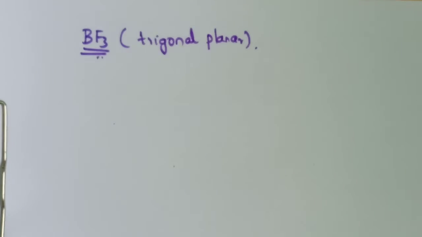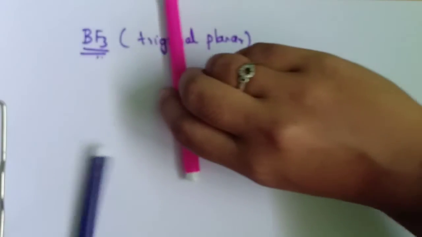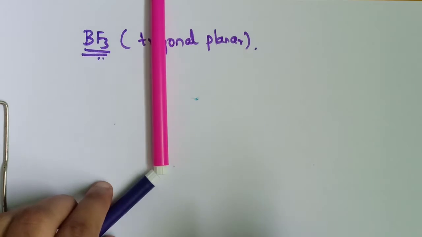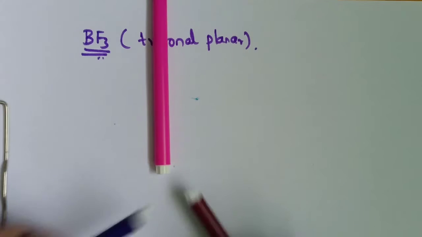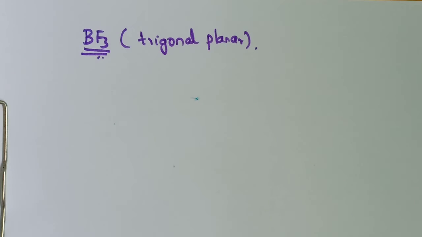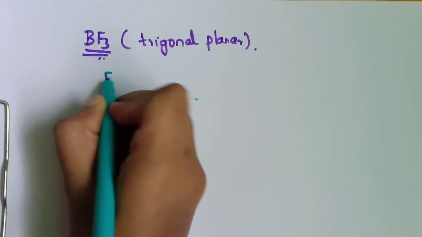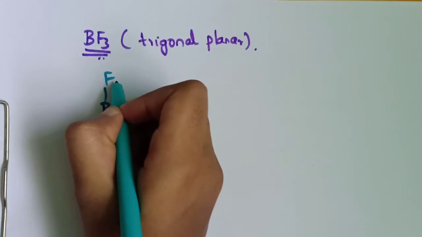If the B atom is present, the other atoms are present on the plane of the paper only, like that. Let's consider it. Here is the B and these are the F atoms. Let's name them 1, 2, 3.